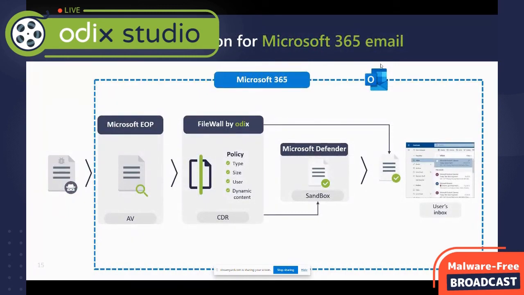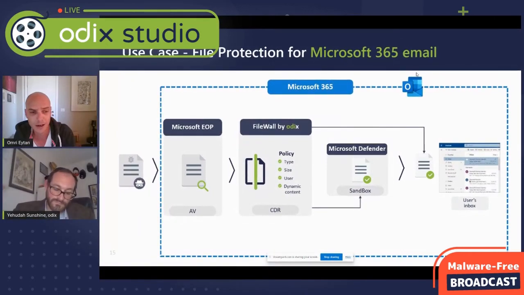And for example, how we utilize this flow in Firewall for Office 365. You see the file coming in from the left. First of all, the antivirus engines of Microsoft scan that file. After they are done, of course, if the file is blocked, then it is quarantined. It does not continue the process. The file is transferred to Firewall, where it undergoes CDR, policy enforcement, and a large variety of cybersecurity techniques.